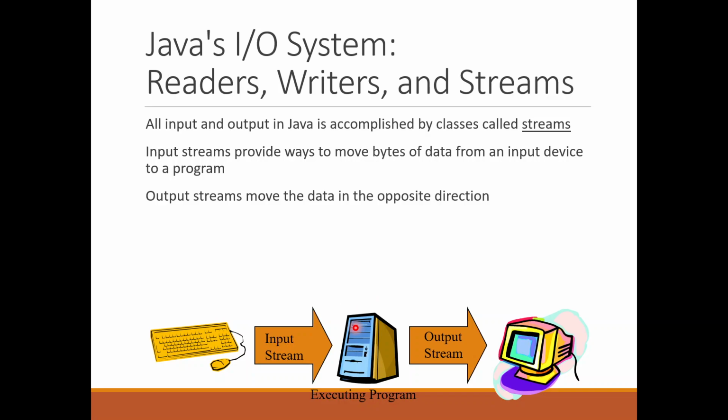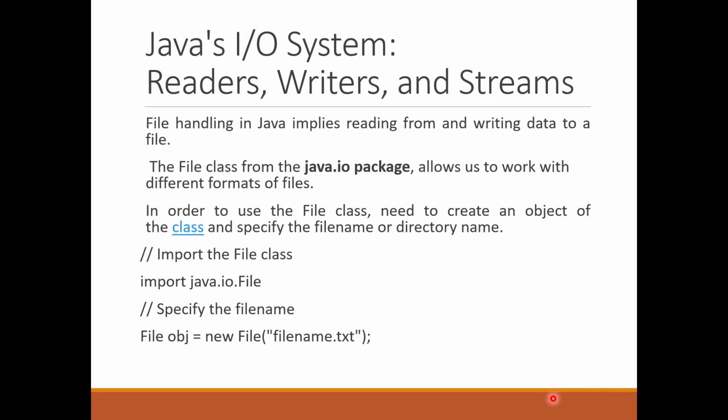After that it will get processed, and next comes the role of the output stream. So what is the role of the output stream here? The output stream will move the data in the opposite direction. It will give that data to the monitor. So these are the two streams.